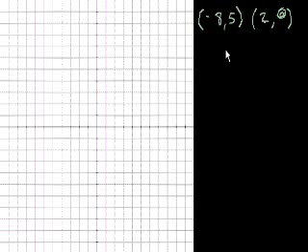That's interesting. So let's graph negative 8 comma 5. 1, 2, 3, 4, 5, 6, 7, 8. 1, 2, 3, 4, 5. Right there is minus 8 comma 5. And then 1, 2, and then 0 is right here. So that's 2 comma 0.